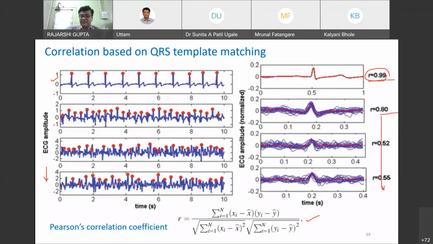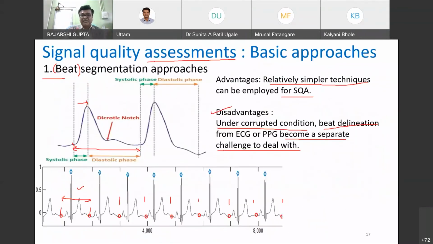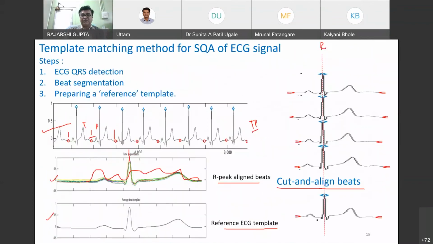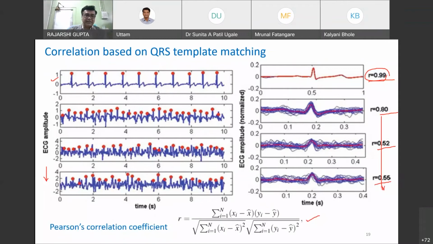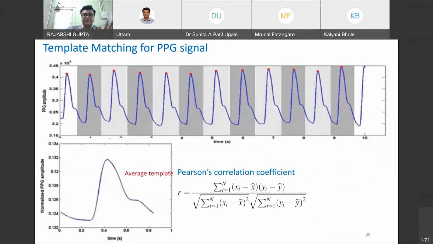With gradual increase of the corruption level, the correlation coefficient degrades. So this is one approach suitable for beat segmentation approaches. The beats are detected, cut and aligned to create a superimposed impression. If we have the reference template, we can calculate the correlation coefficient between the reference beat and the individual beat. Based on this, the individual beats can be assessed for their quality.